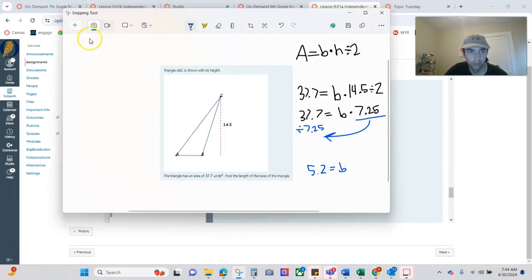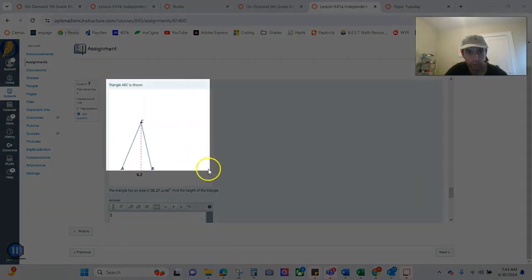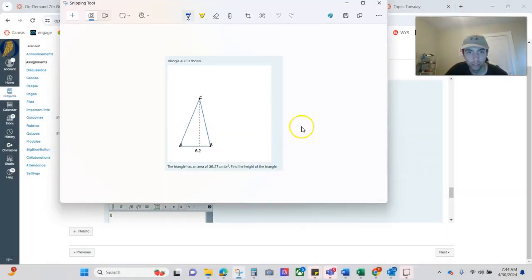Another backwards question. To find the area of a triangle, we can use this formula: base times height divided by 2. For this question, we know the area and we know the base, but we don't know the height.